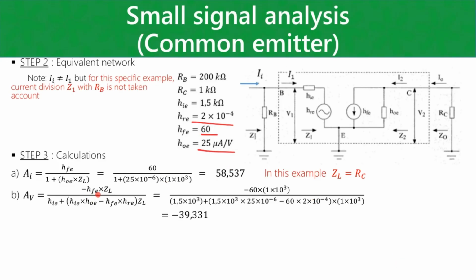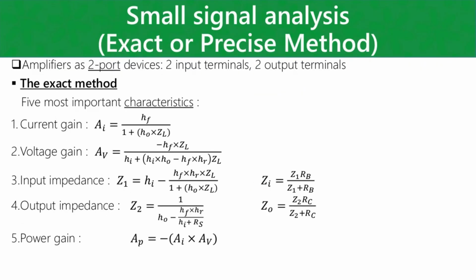Okay, so we can calculate our current gain. If we use the exact method, in this case we are ignoring current division. If we were to include current division, the formula is going to change. I'm trying to remember what I included in the formulas. I don't think I did.